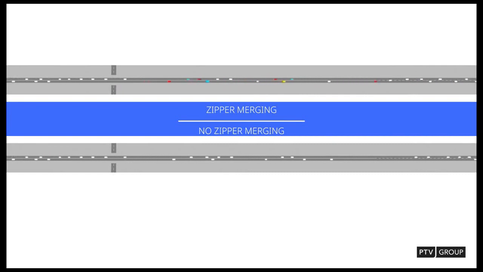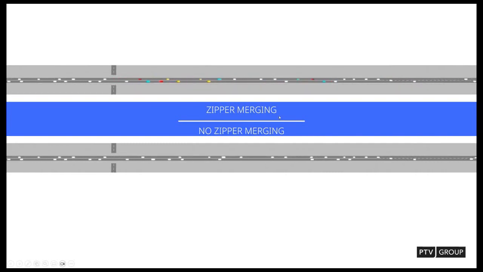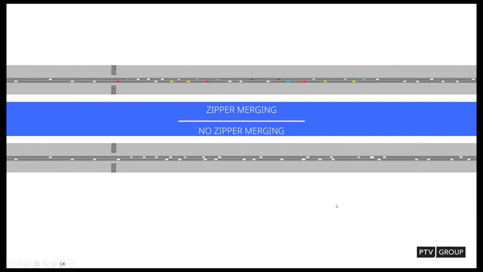But when demand is, I don't know, 80% of capacity, or 70%, then you can see these effects. And you see that here the cars just aim at being in the middle of the gap between two cars on the other lane. Nothing like that happens here where zipper merging is switched off.